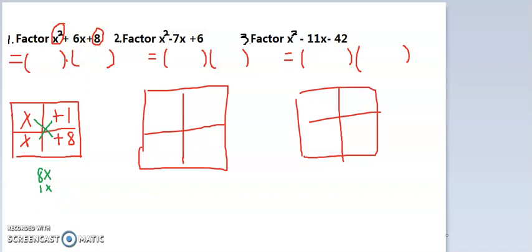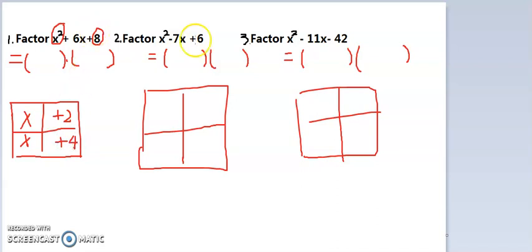Now we know there's another way to break down 8. We can do 2 times 4, and let's see if it works. If I put positive 2 here and positive 4, as we can see, positive 2 times positive 4 still gives us 8.